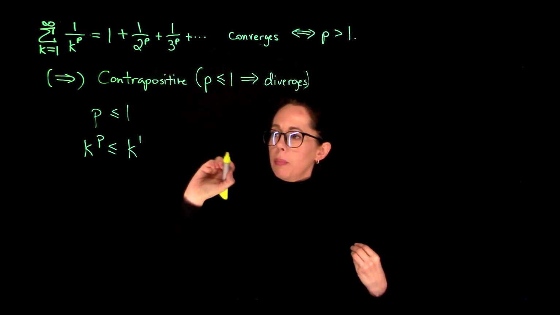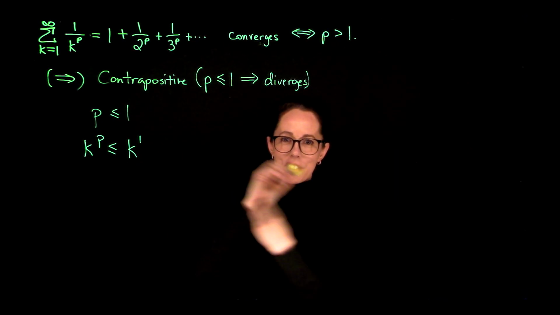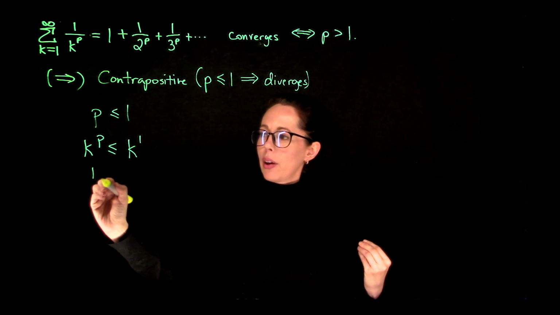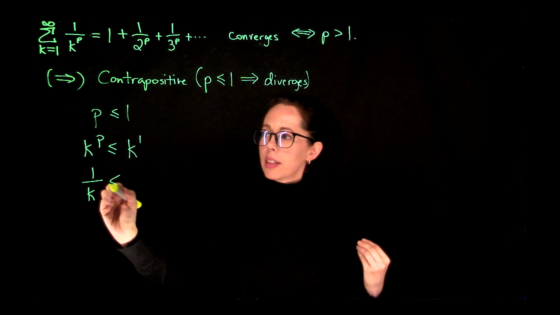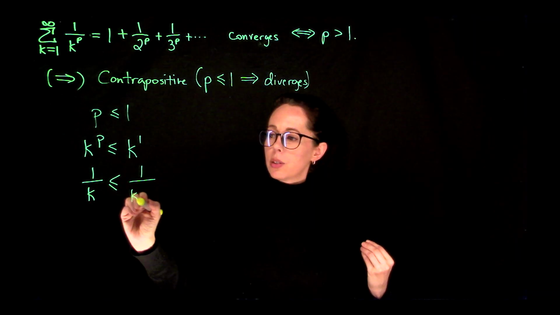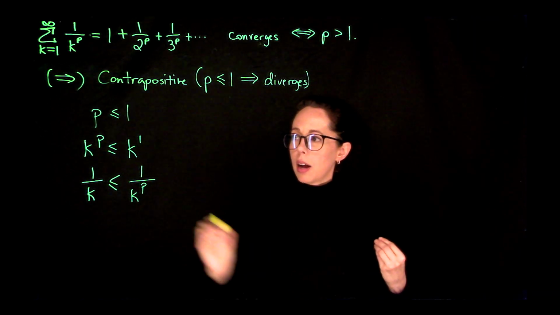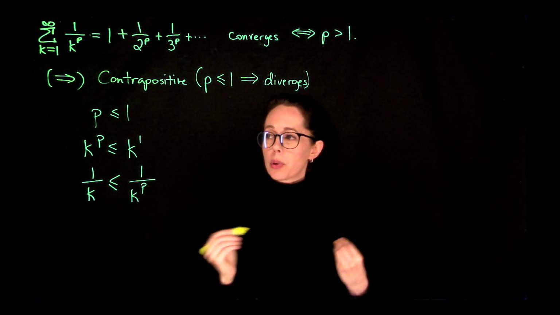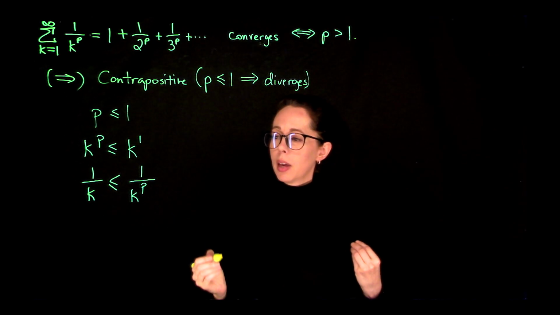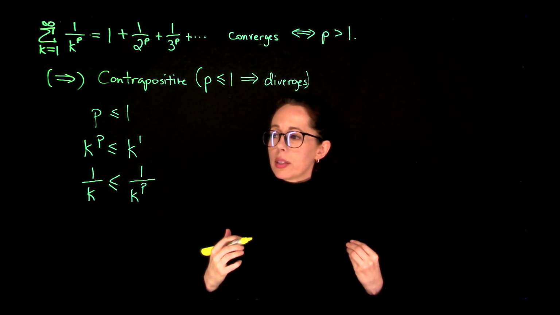And then let me cross divide. So we have 1 over K is less than or equal to 1 over K to the P. Notice here, both of these are positive, so we preserve the inequality again. But now look what's happening.